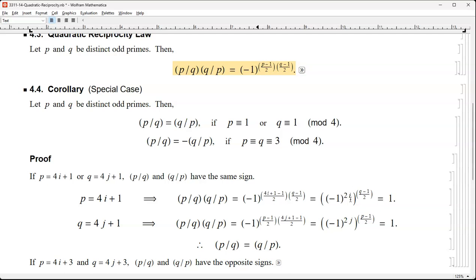So negative 1 to the even power is positive 1, and then whatever power, doesn't matter, we get 1. What if q is 4j plus 1? Exactly the same thing going on for the q part. In the end, negative 1 to the even power to whatever power, we get 1.